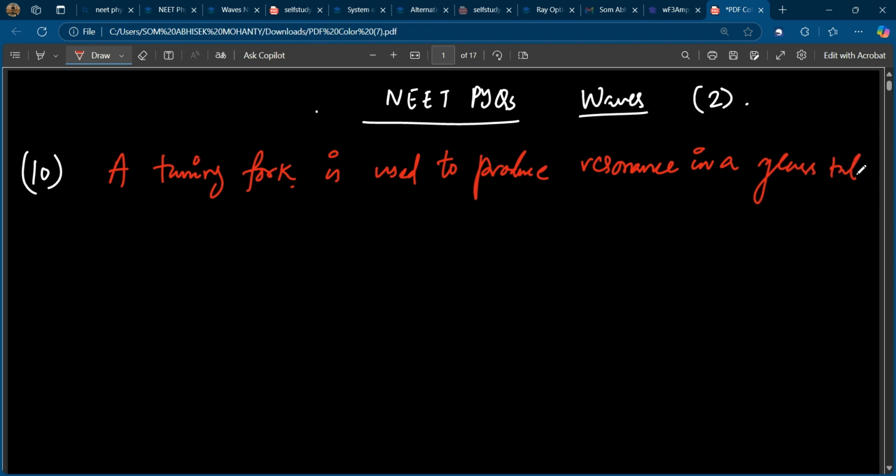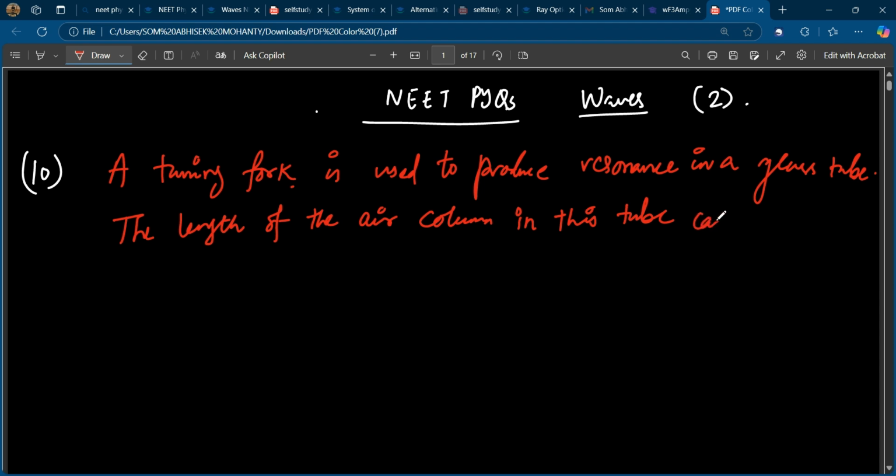The length of the air column in this tube can be adjusted by a variable piston.